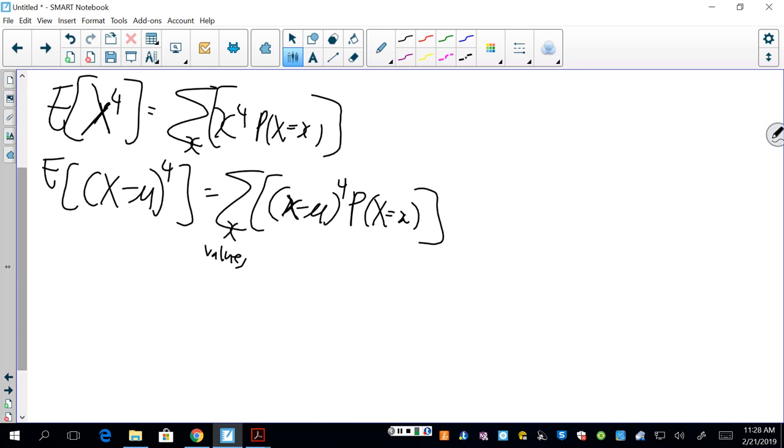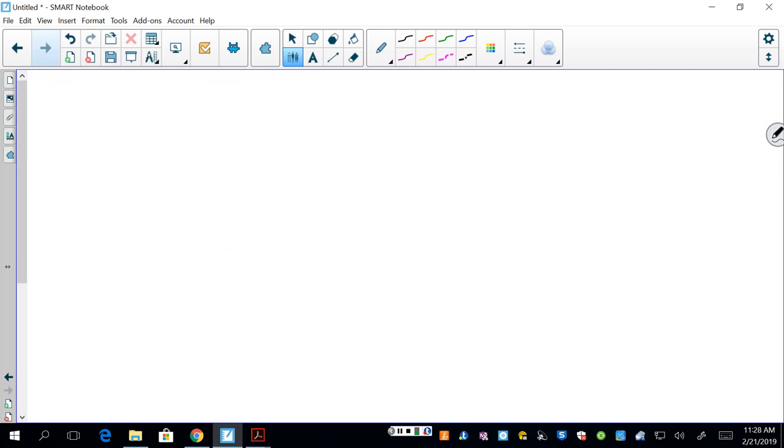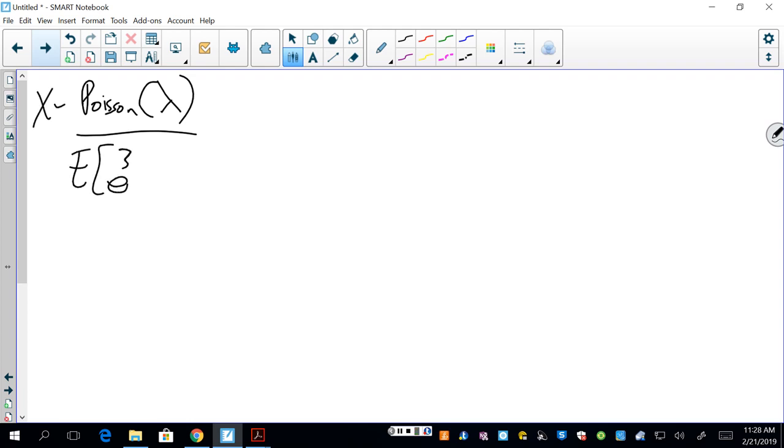Oh, yeah. So with a Poisson random variable with some parameter lambda, what is the expectation of e to the 3x? Maybe for some reason you're interested in that function. I don't know why exactly, but you're interested in it.